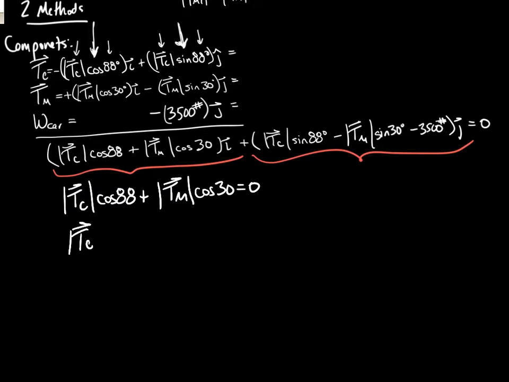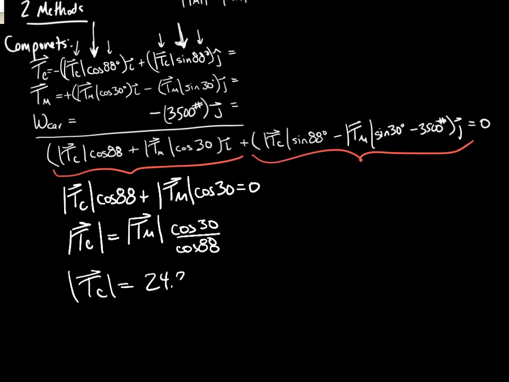So TC equals TM cosine 30 divided by the cosine of 88. So TC equals 24.815 TM.